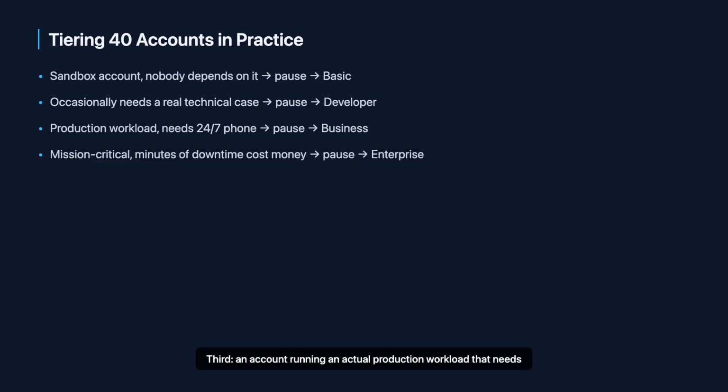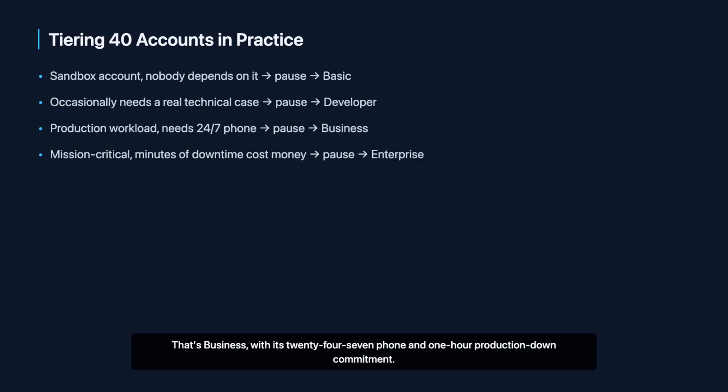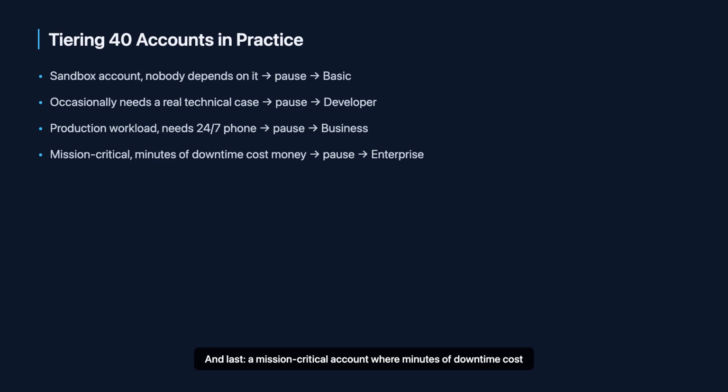Third, an account running an actual production workload that needs round-the-clock phone support. Decide. That's business, with its 24/7 phone and 1-hour production down commitment. And last, a mission-critical account where minutes of downtime cost real money. This one's enterprise, a 15-minute response and a designated TAM who reviews the architecture before things break. 4 profiles, 4 tiers, 1 flow.